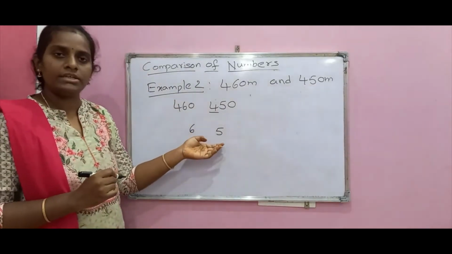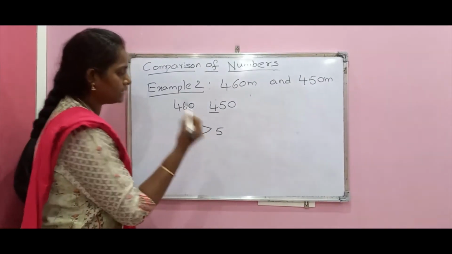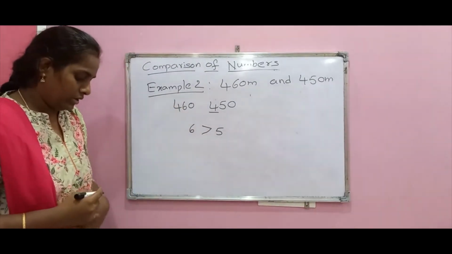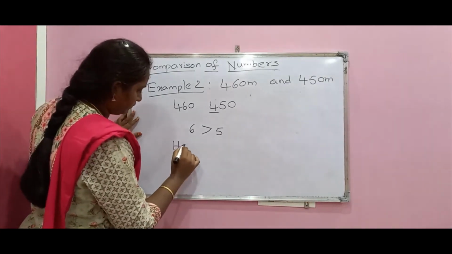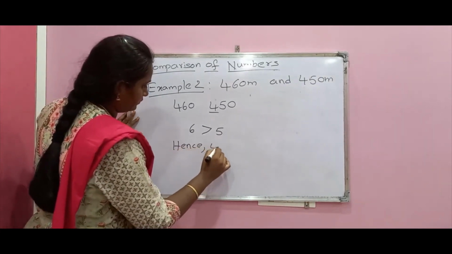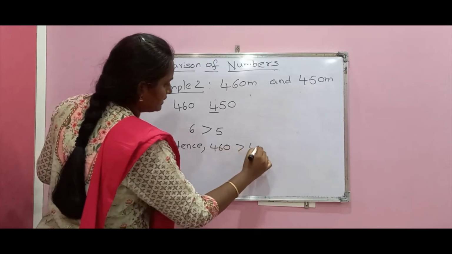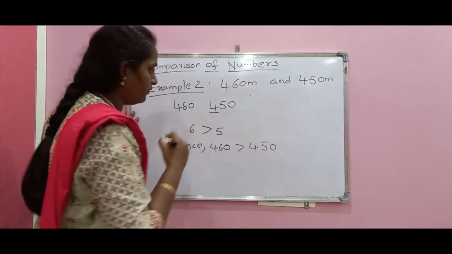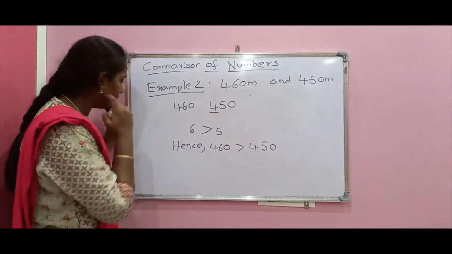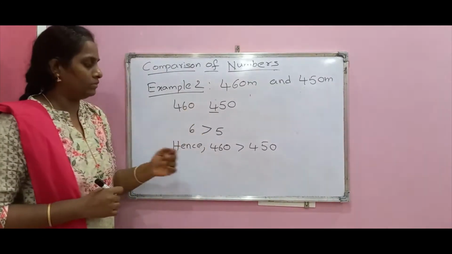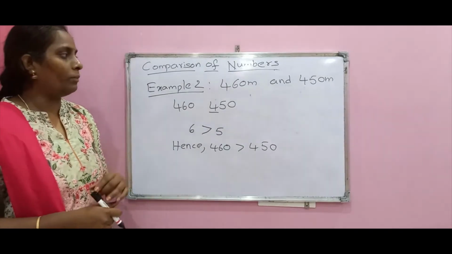Which is the greatest number? 6 is the greatest number. So 460 is greater than 450. Copy it into the classwork.